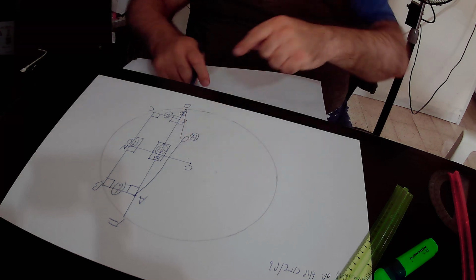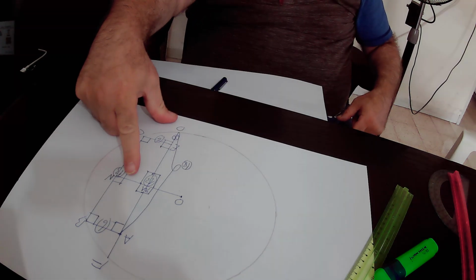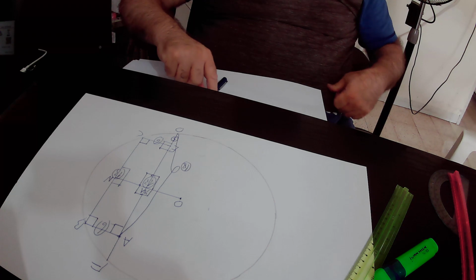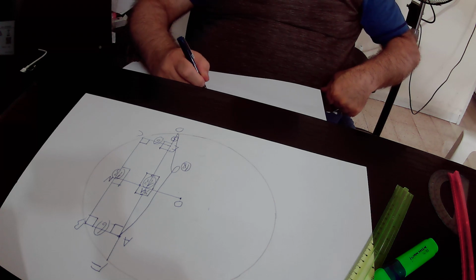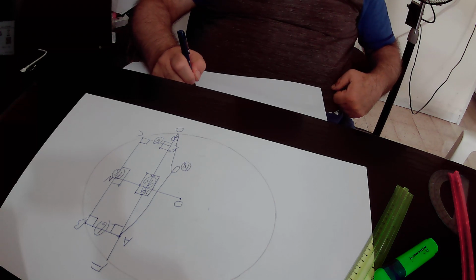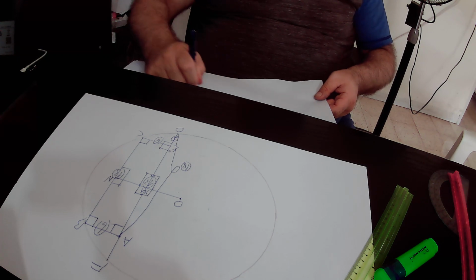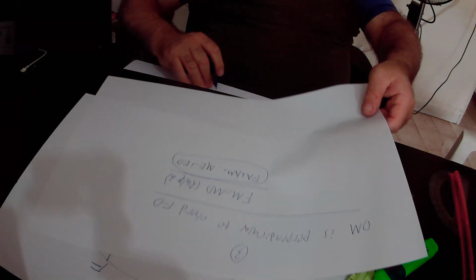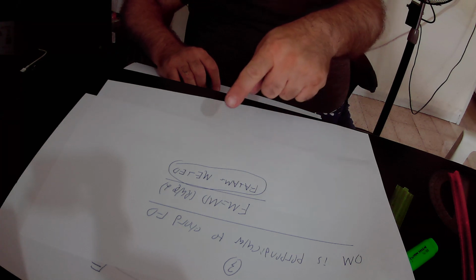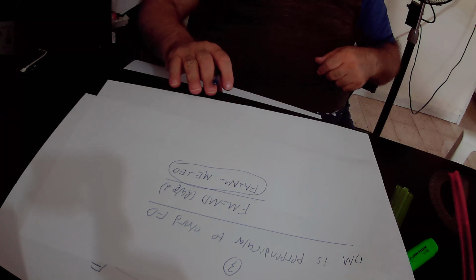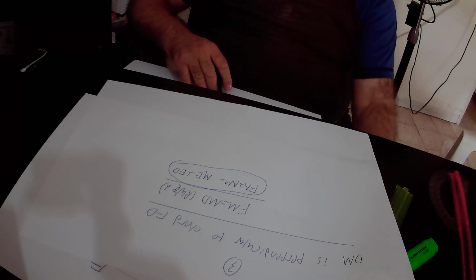Here MD is actually ME plus ED. So we can substitute MD by ME plus ED. So in conclusion, we found out that FA plus AM equals ME plus ED. Okay?